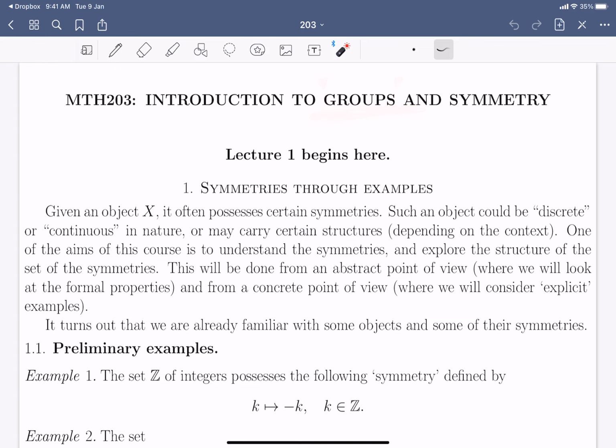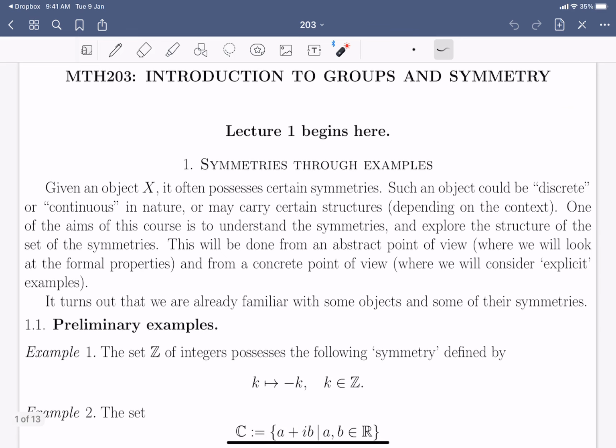In certain cases we will try to have some motivation from symmetries, the kind of symmetries that we know or that we feel that we know. Later on we will try to apply this notion of groups that we will learn across several lectures to understand symmetries in a more concrete, more mathematical manner.